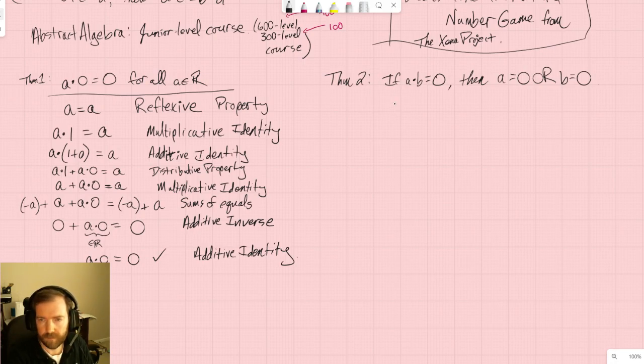Okay. So if a times b is equal to 0, then one of those things must be 0. Now, this is one that I do in pre-calc all the time. We've done it on this channel multiple times, I'm sure. So here we are assuming that the product of a and b is equal to 0.